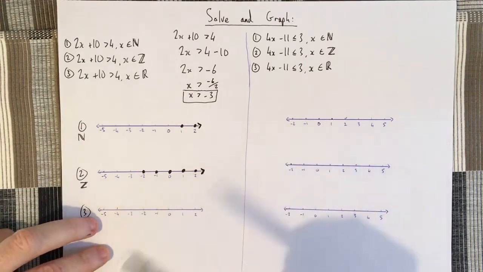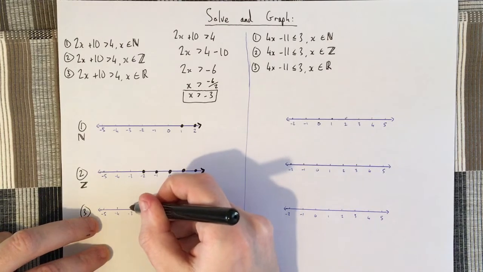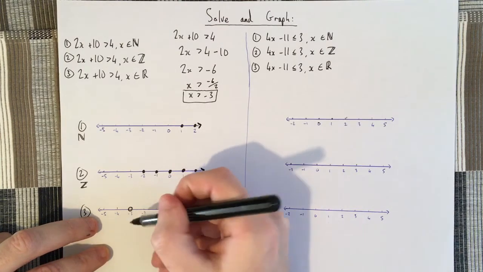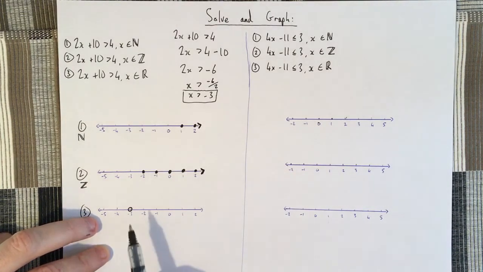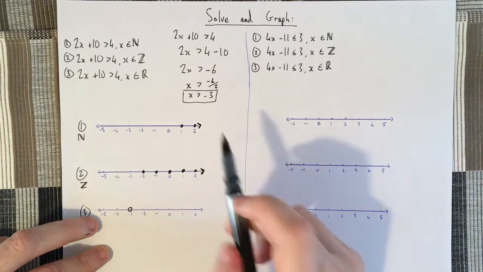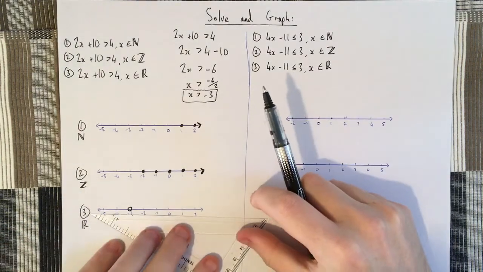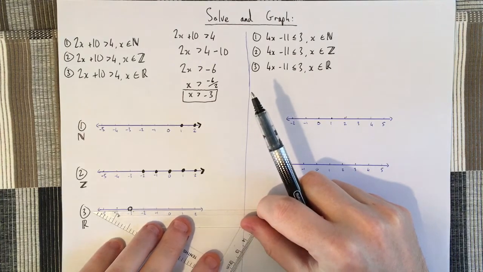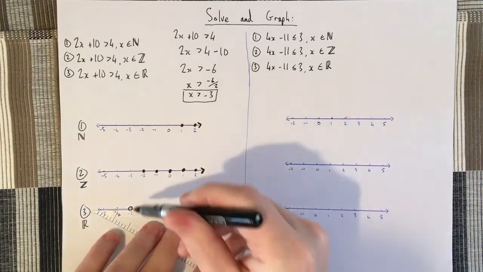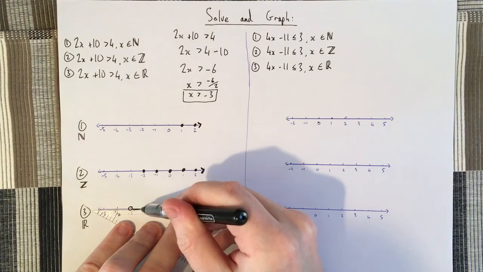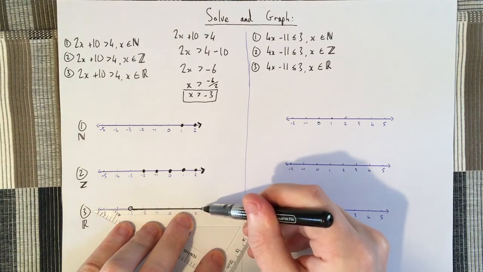2.99999, etc. So the way we show that is we put this kind of hollow circle on minus 3 to show that it goes down as close as it can to minus 3 without ever actually hitting it. And then it's greater than that, so it's everything to the right of that, and because it includes all the numbers in between the whole numbers, I'm going to go over that line.